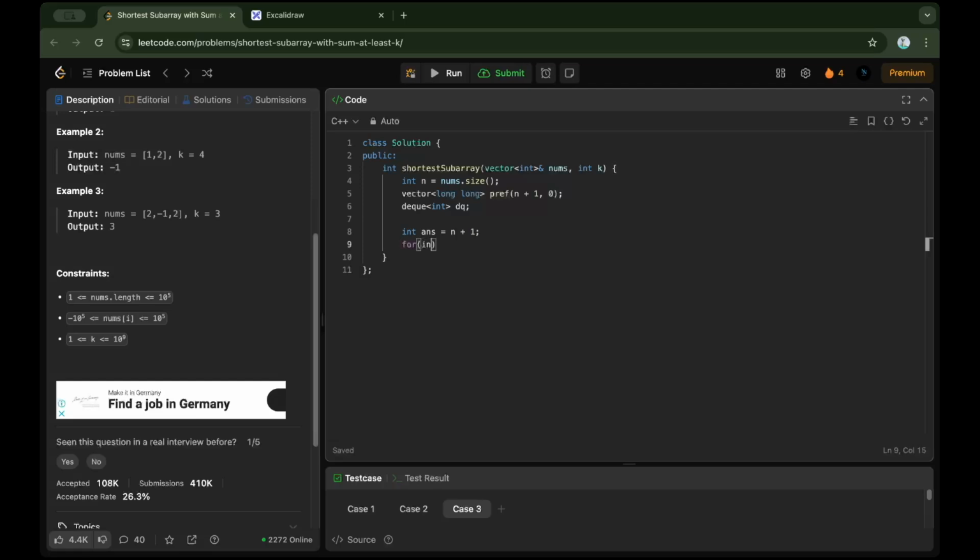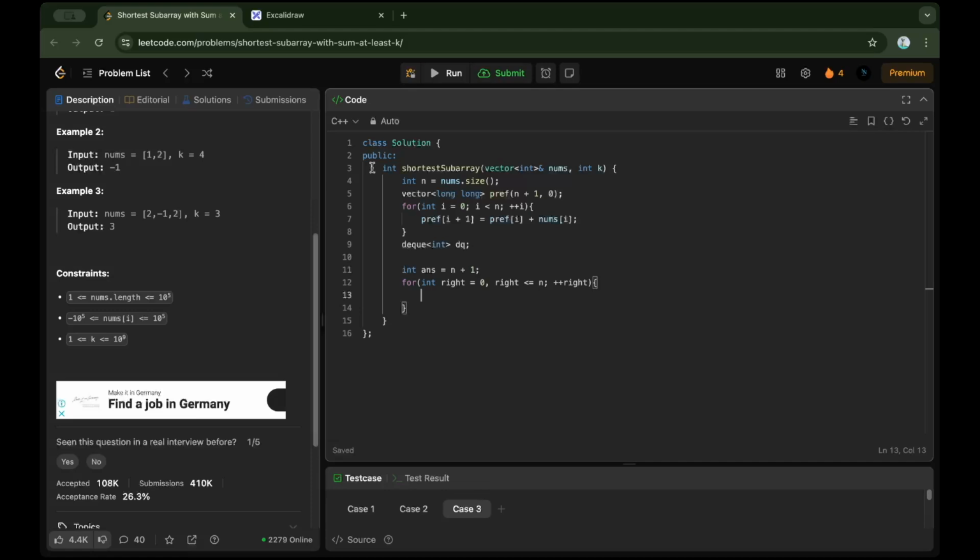Sorry, let me set the right pointer from 0 that goes to the end of it. I forgot to build the prefix array. This should work.